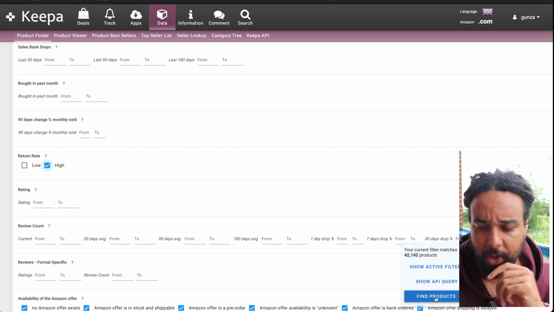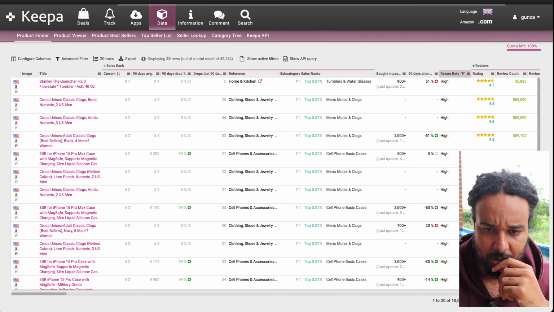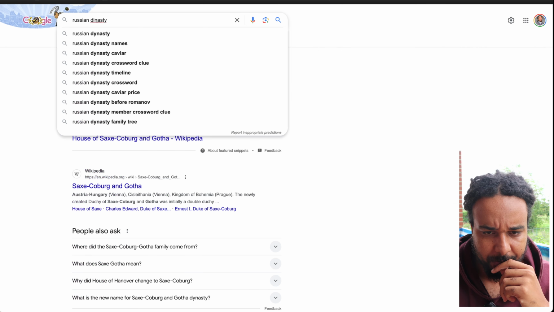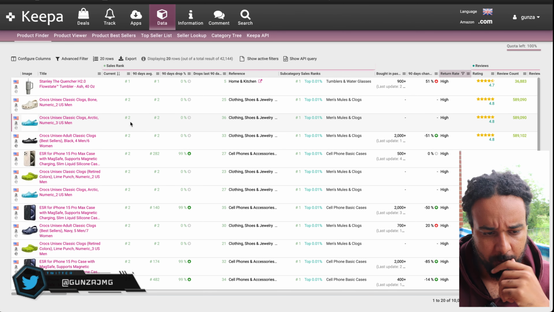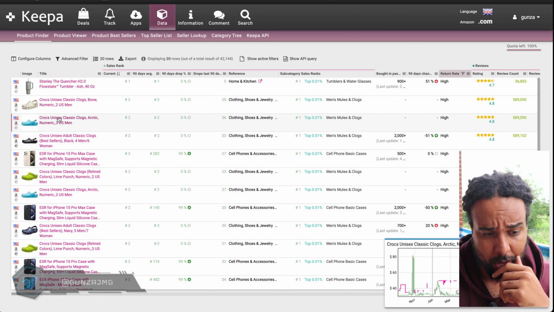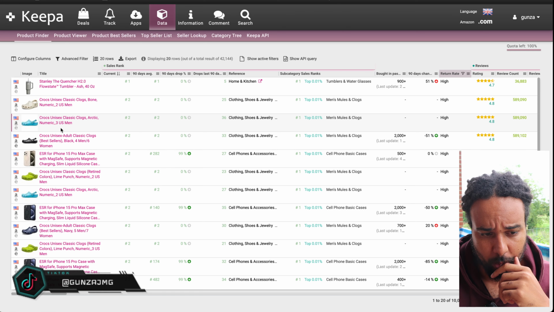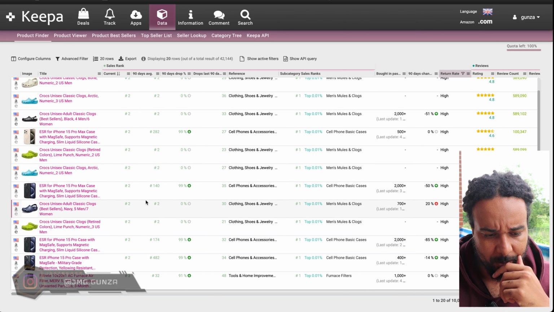So the first thing that I want to do, I'm actually quite interested in that. I want to see what type of products do get a lot of returns. And one thing that I find interesting right away is that we actually see some Crocs straight away, right? And some specific colors, maybe some specific sizes.